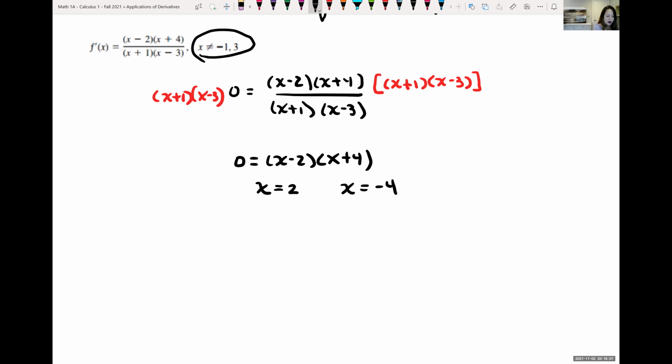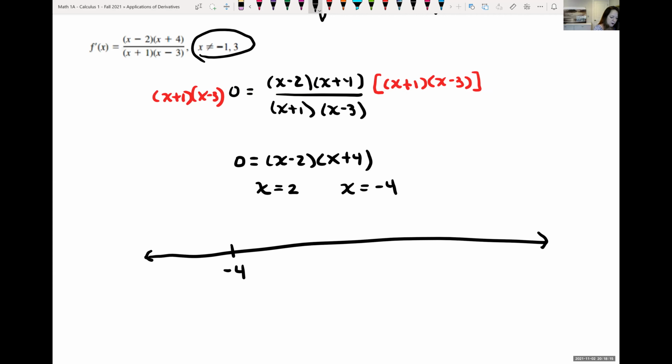The places where our derivative function is undefined. So smallest to largest, we have a -4, we have a -3. Sorry, that's not a -3, that's a -1. We have a 2, this is not to scale, and we have a 3.